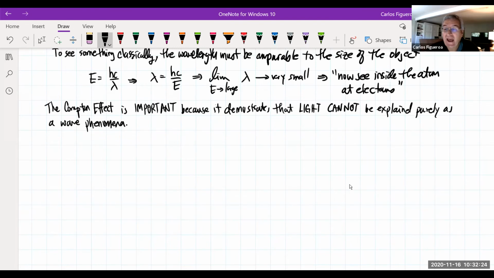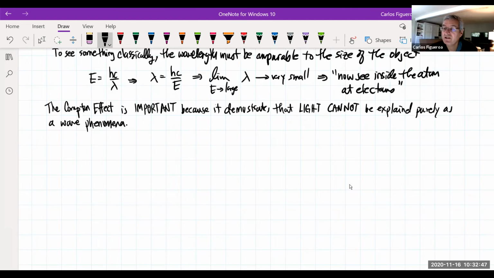Now, we have to be really careful here. Textbooks really miss this a lot because they don't want to get into the deepness of it. It turns out that you could explain high intensity light with Compton scattering, but you cannot explain low intensity light with Compton scattering.